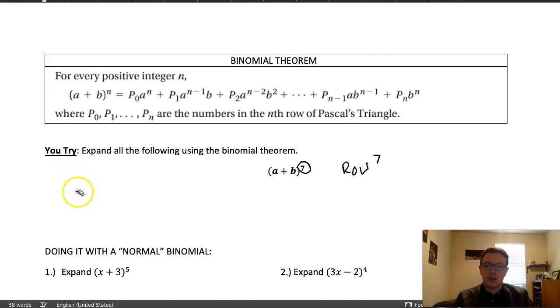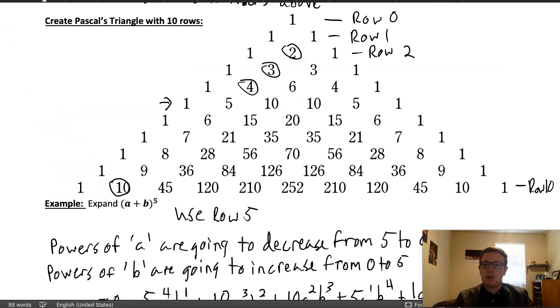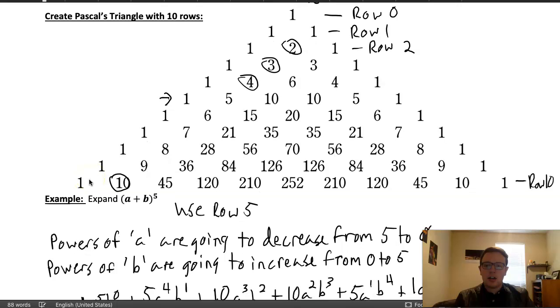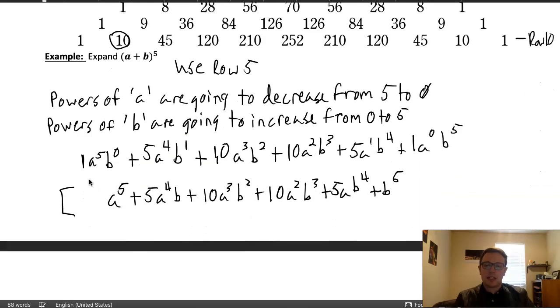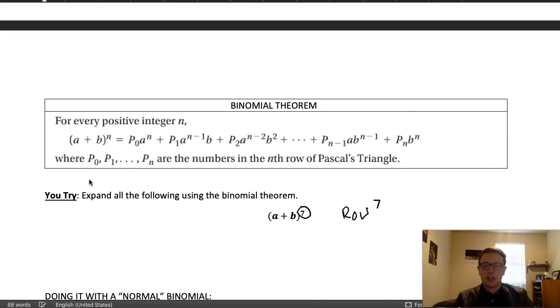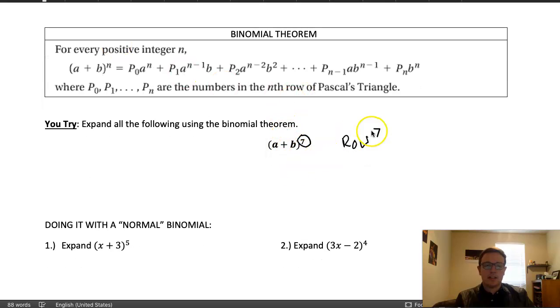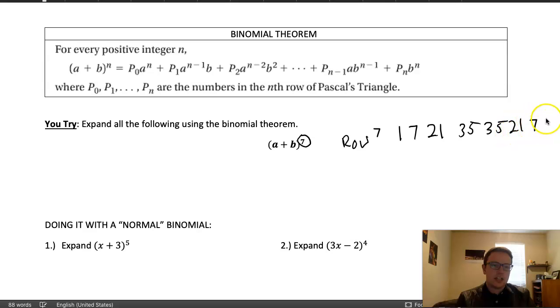Actually, let's have you all go ahead and do this. What would our next step be? What would our expanded form be for A plus B to the 7th? Using row 7, that was 1, 7, 21, 35, 35, 21, 7, and 1.